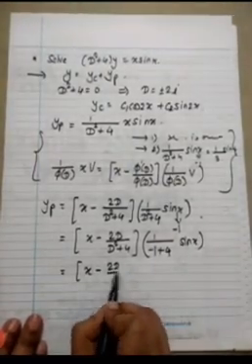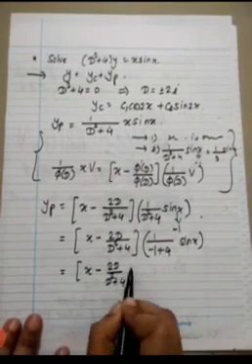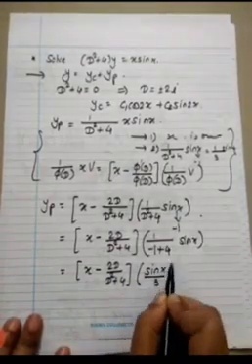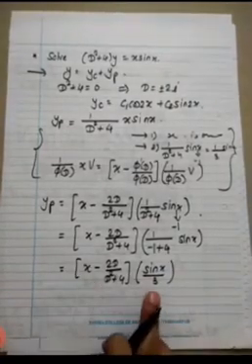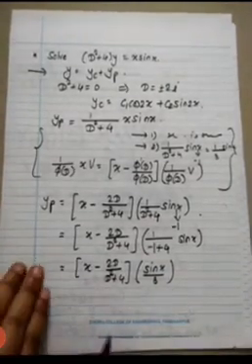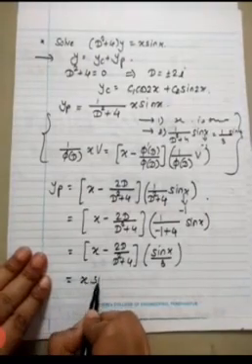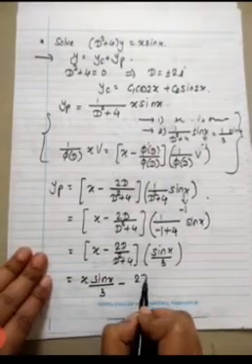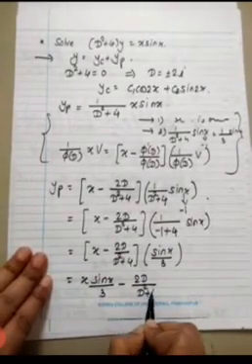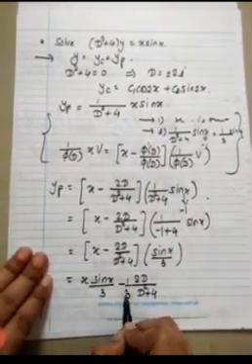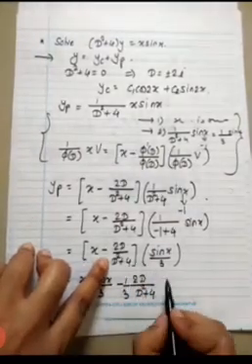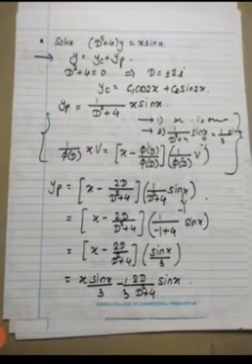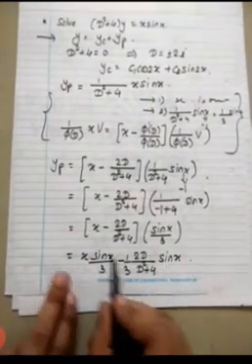I'll write one more step. Open the bracket, so it is x sin x by 3 minus 2D upon D square plus 4, 1 upon 3 outside, into sin x.